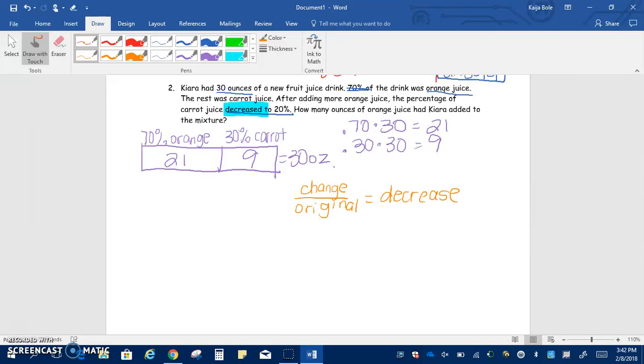Now they told us after adding more orange juice, the percentage of carrot juice decreased to 20%. So now in our new tape diagram, that means we have 20% carrot juice and now 80% orange.